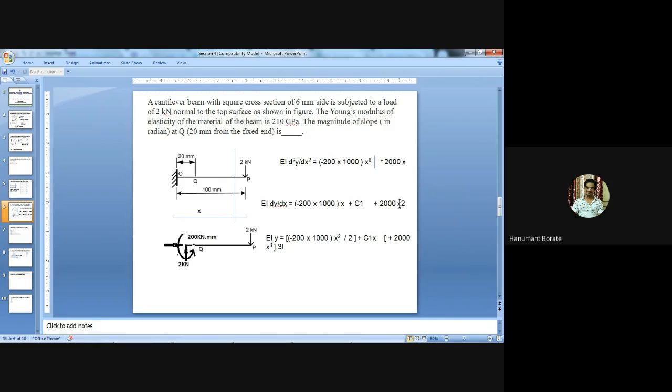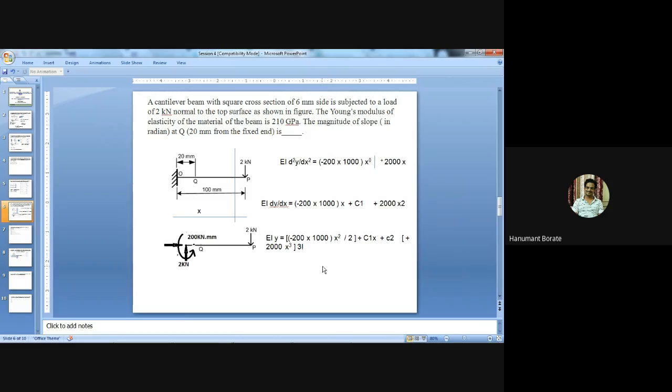But first we need to find the value of c1, the constant of integration. So there are two boundary conditions, c1 x plus, sorry, I need to write here c2.